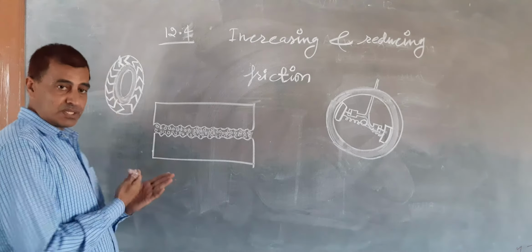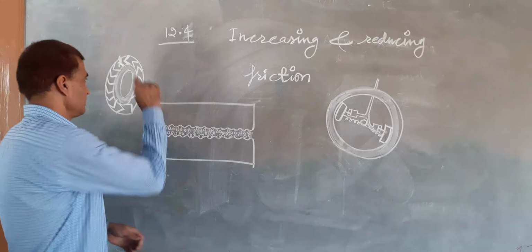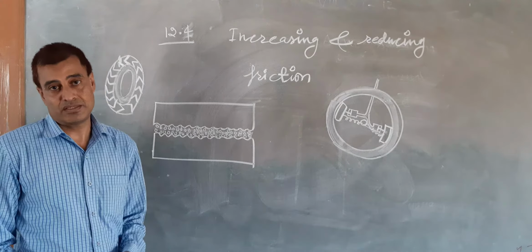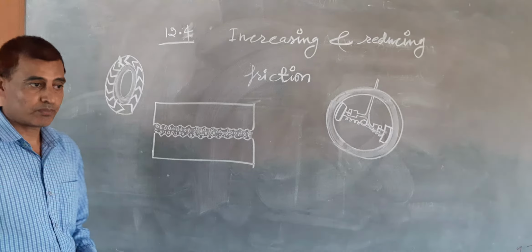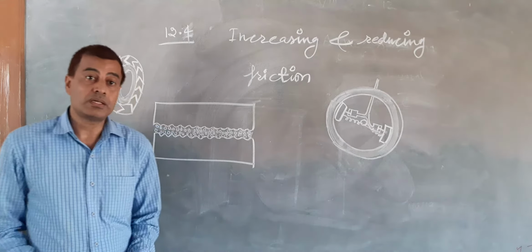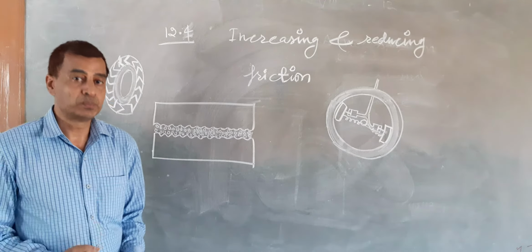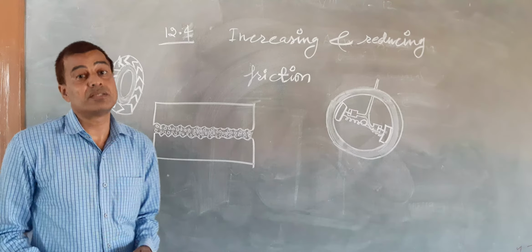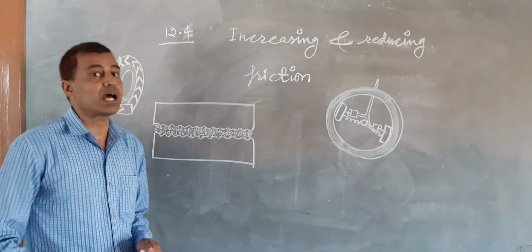These are placed so that the friction between the outer surface of the tires and the road increases. Another thing, dear children, if you see the bottom of your shoe, that also has irregularities. Those irregularities increase friction because that is desired.